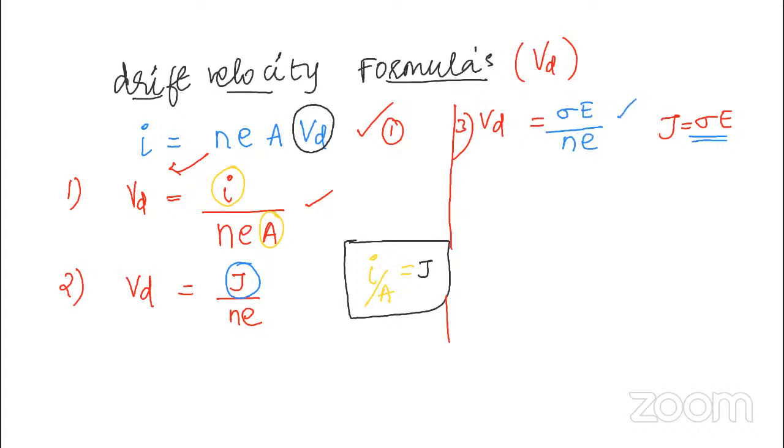Next, another form. Vd is equal to. What is the relation between conductivity and resistivity, sigma and rho? Is it directly proportional or inversely proportional?